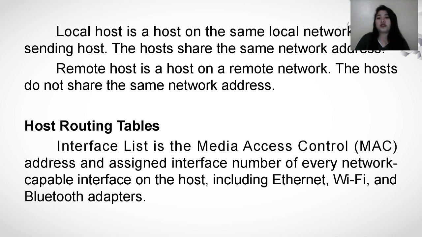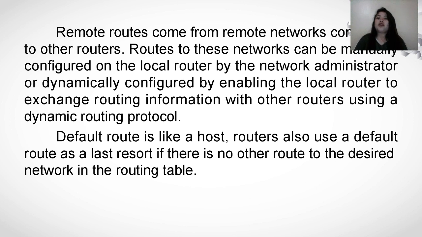Then host routing tables. The interface list is the media access control, or MAC, address and assigned interface number of every network-capable interface on the host, including Ethernet, Wi-Fi, and Bluetooth adapters. Remote routes come from remote networks connected to other routers.